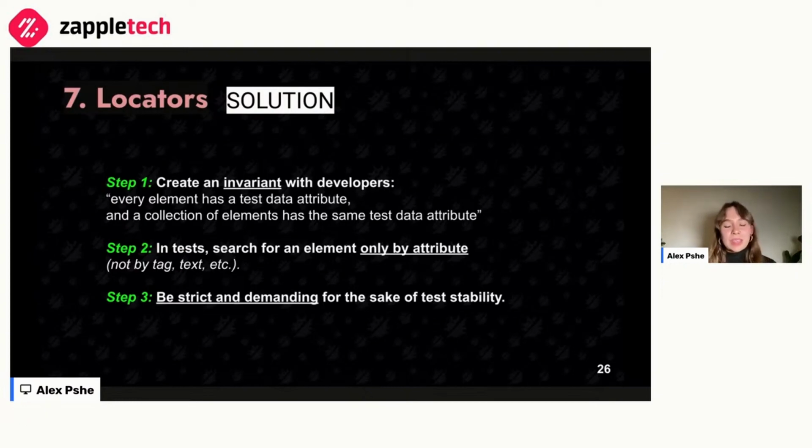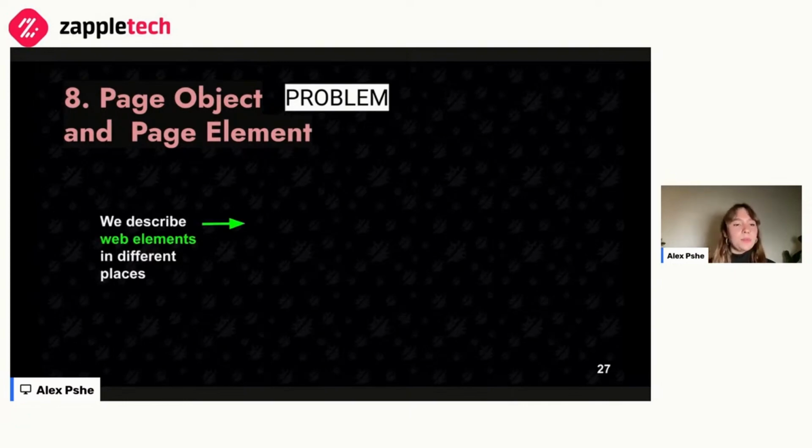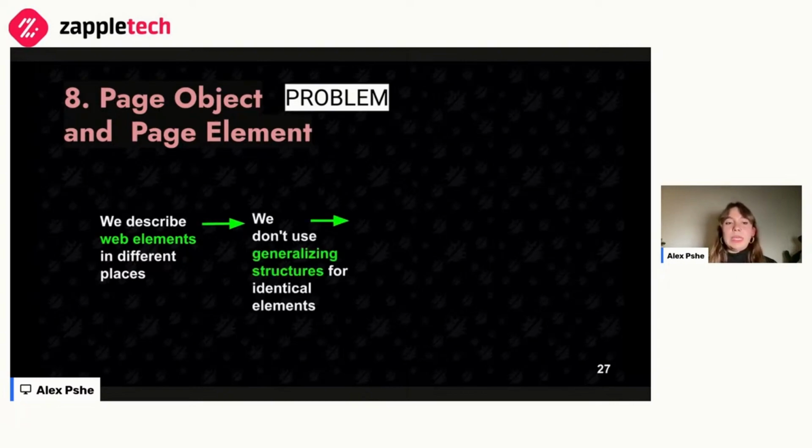So the next problem with our UI tests is related to using page object and maybe the less well known page element. So what is the problem? We describe web elements in different places. We don't use some general structures for identical elements. For example, we have an article element on the page, and we can use it as a page element.